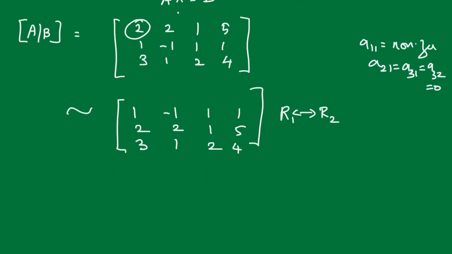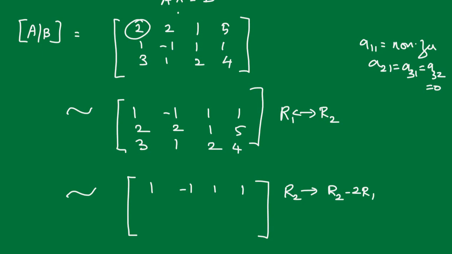Now we make the transformation, which is very simple now. R1 remains the same. We make the transformation R2 to R2 minus 2 times R1, which gives us 2 minus 2 = 0, 2 minus of minus 2, 2 plus 2 gives us 4. Next element is minus 1. Then 5 minus 2 gives us 3.